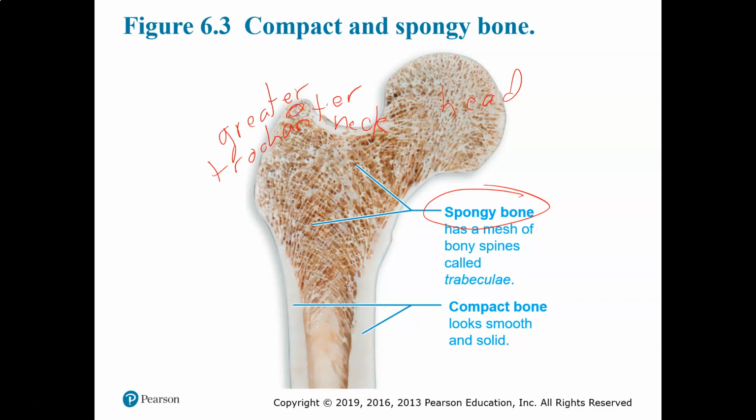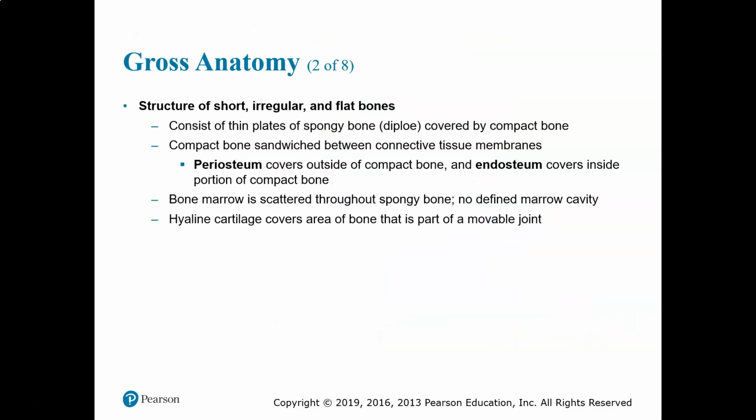The femur is the only bone that has trochanters, which are large projections off of the bone. But anyway, you see spongy bone in the ends of the bone, and then you see compact bone more in the diaphysis. We find compact bone in the diaphysis of long bones.